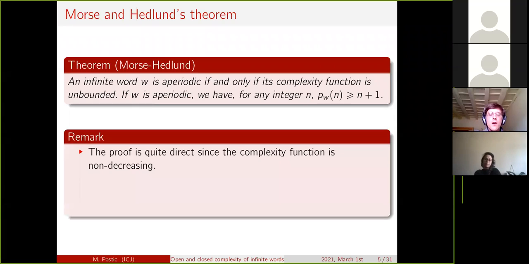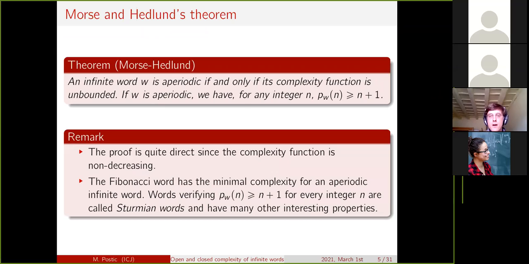Some remarks on this theorem. The first thing is that the proof of this theorem is actually not that hard, and it relies heavily on the fact that the complexity function of a word is a non-decreasing function. And another thing that we can note is that the Fibonacci word attains the lowest possible complexity for an aperiodic word.